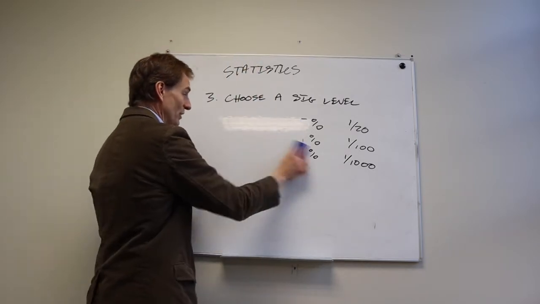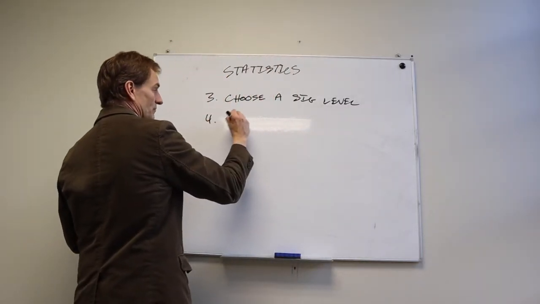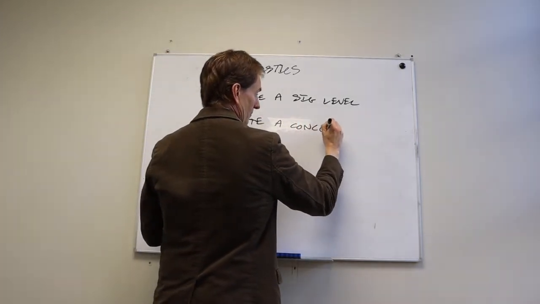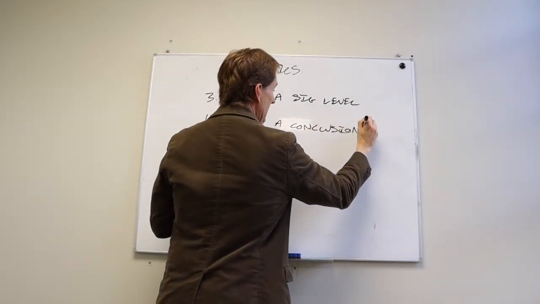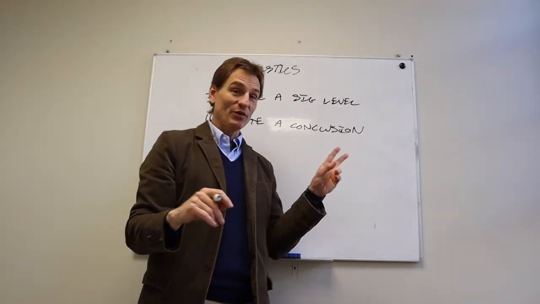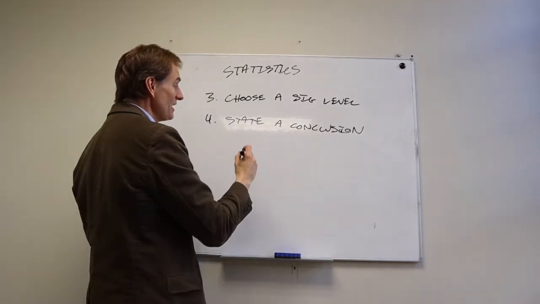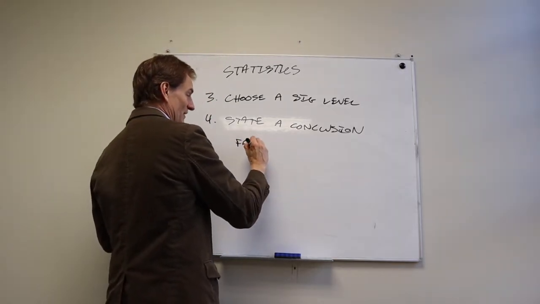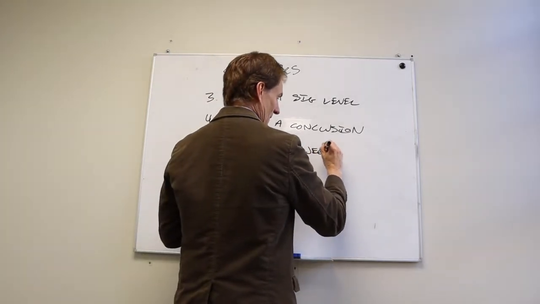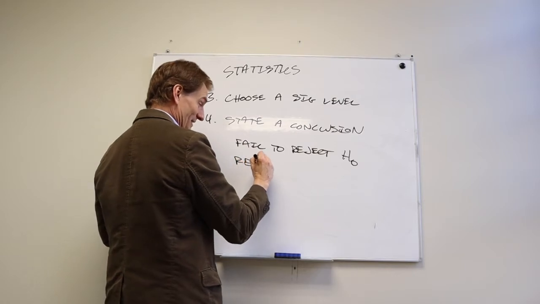The fourth thing that we do is we state a conclusion. We can only state two different conclusions, and they're both in terms of the null hypothesis. We can either fail to reject the null hypothesis, or we can reject the null hypothesis.